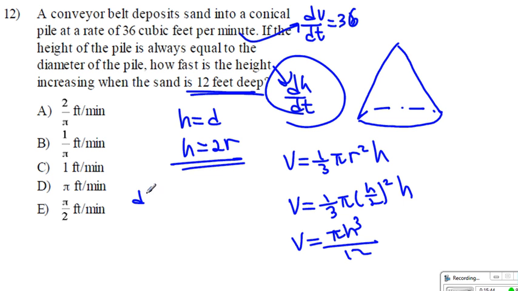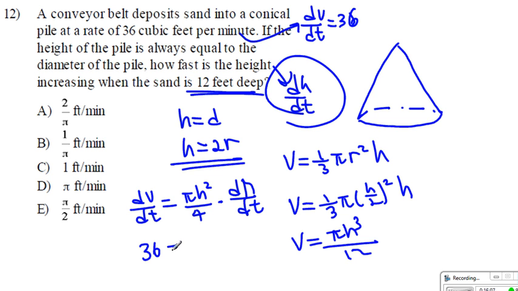Then we have dV/dt, which we know to be 36 earlier. The 3 comes out, so we have pi h squared over 4 multiplied by dh/dt. Now dV/dt was equal to 36, which is equal to pi h squared over 4 dh/dt. But what's the value of h? h is equal to 12.